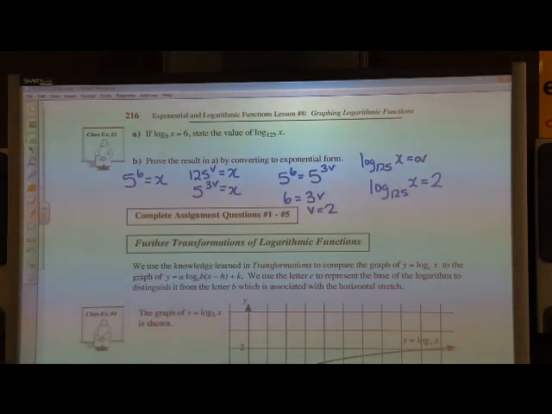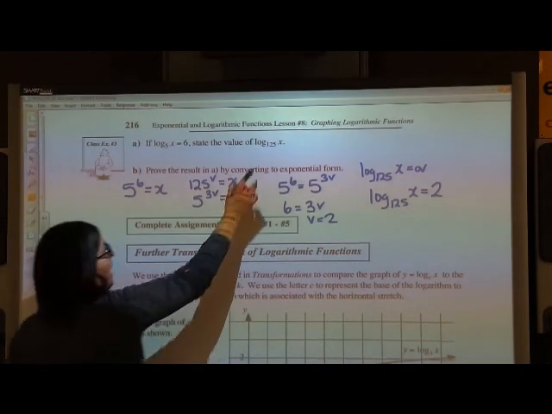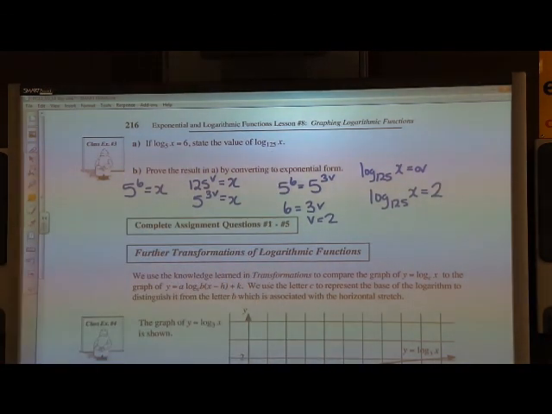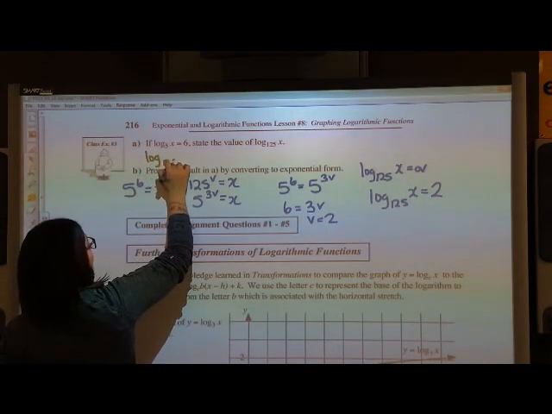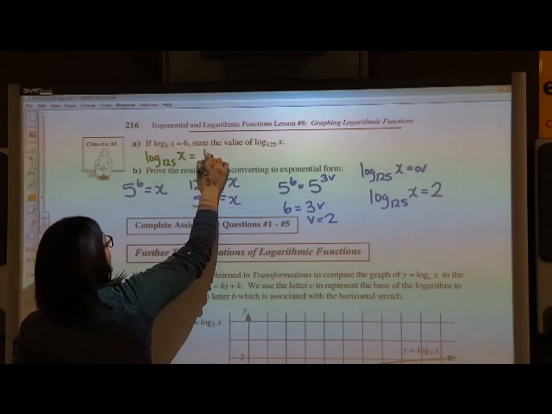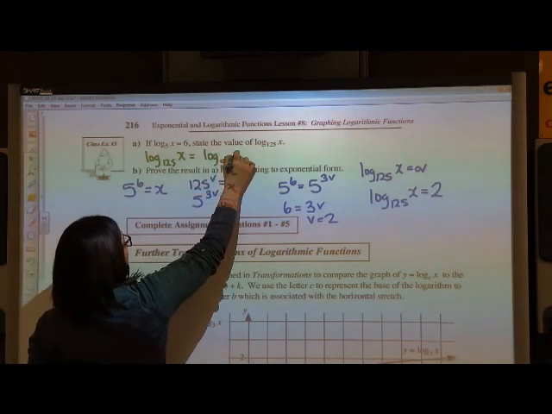If we use stretch factors, what we do is take this 125 and write it as a power of 5. So log base 125 of x becomes log base 5 cubed of x.